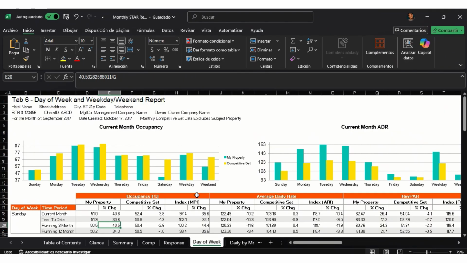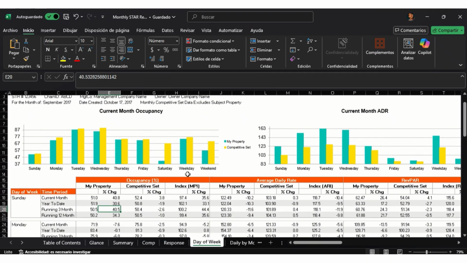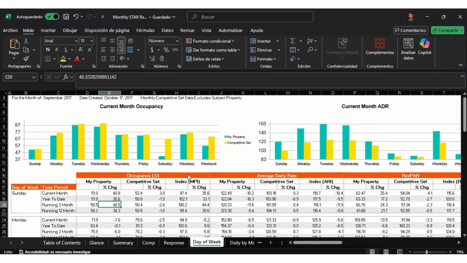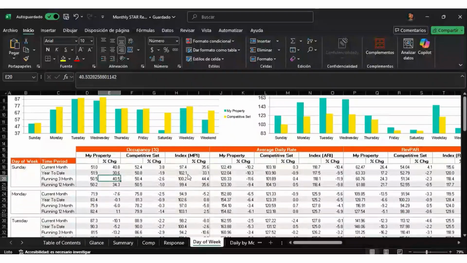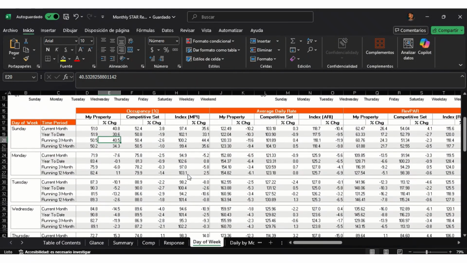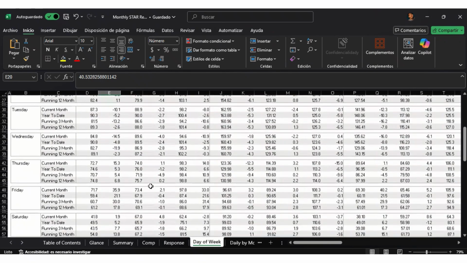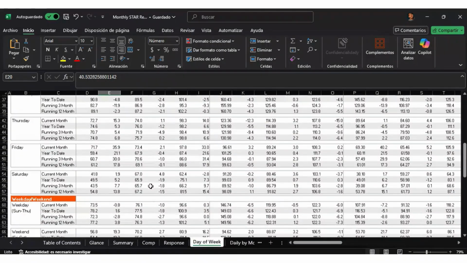Well, for day of week, this tab breaks down performance by day of the week. It includes KPIs like occupancy, ADR, and RevPAR for each day from Sunday through Saturday. This information allows us to identify which days perform best and where opportunities exist.